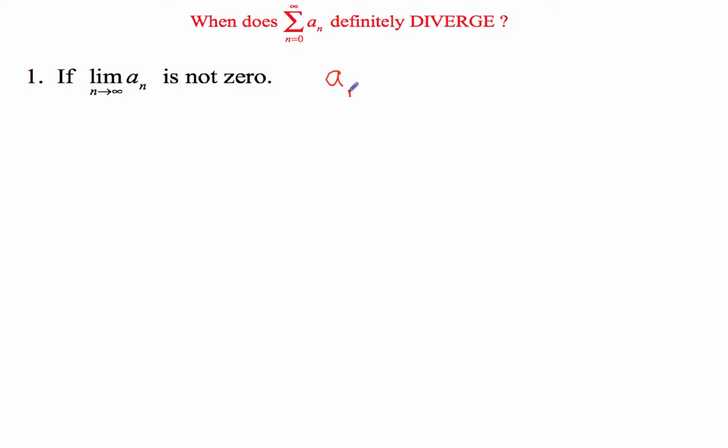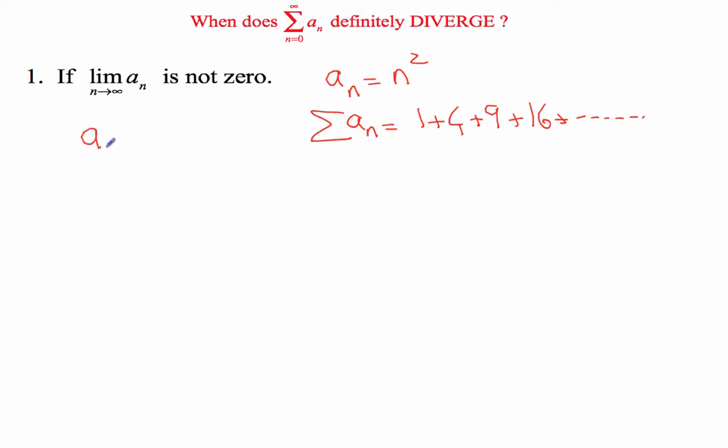So, for example, if I have an equals n squared, then the sum of an will be 1 plus 4 plus 9 plus 16 plus, and it'll keep increasing. The more terms I take, the bigger this sum will become, and so it will diverge.